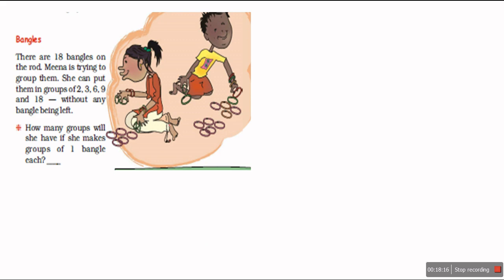So there are a total of 18 bangles. Out of 18 bangles, look at the factors. 1 into 18, she can make groups of 1 bangle, so there will be 18 groups.